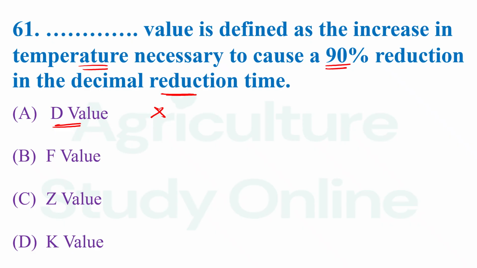Next, F value. So F value, it is about the lethality time, means the total lethality time which is required to destroy the microorganisms. So this is also not correct. Z value. Z value, it is the temperature increase which is needed to reduce the D value by 90%, or we can say 1 log cycle.